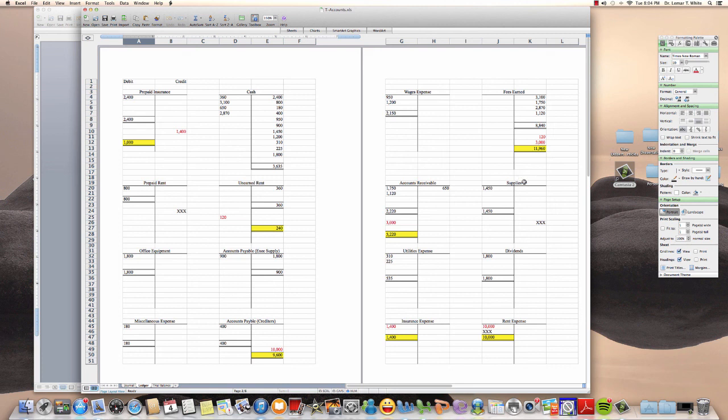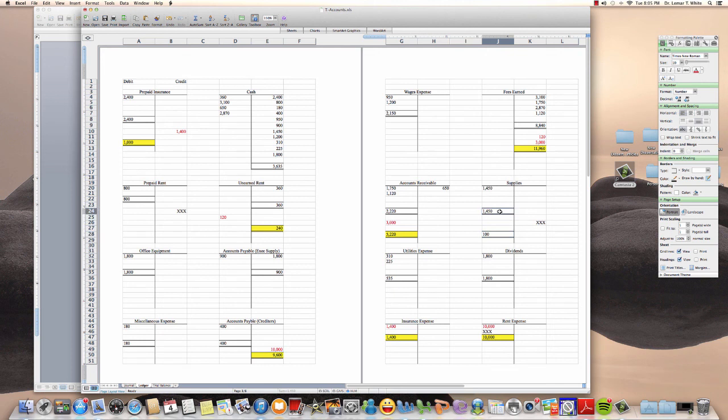So under your supplies account, you need to create your ending balance of 100. Because that's what it's telling you. It's telling you that $100 worth of supplies remain. It doesn't tell you that we used up $100. It says that we used up a certain amount and $100 remain.